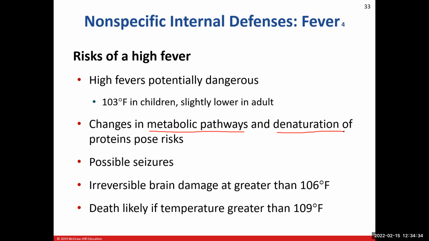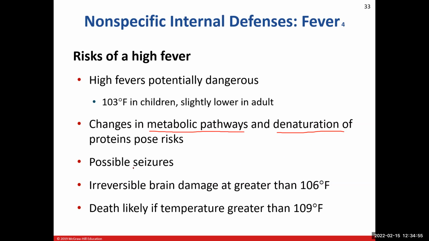And when that occurs, the proteins can no longer function. There are many functions for proteins. Obviously, protection is one through antibodies. Channels in certain cells can no longer function. Big problem there, so we have to be careful of that.